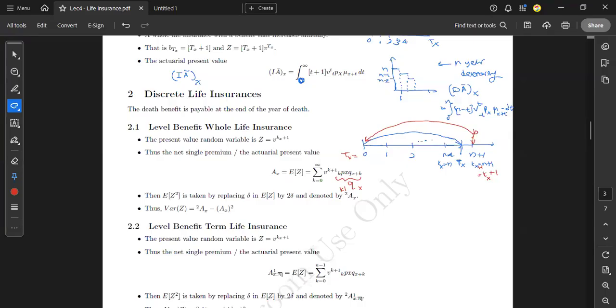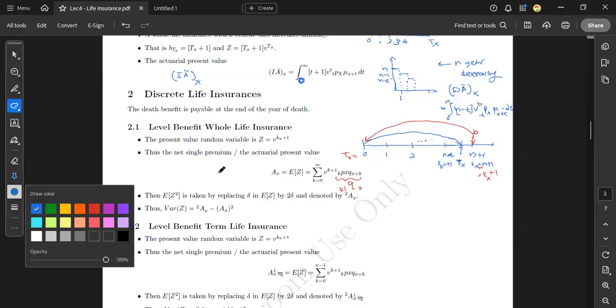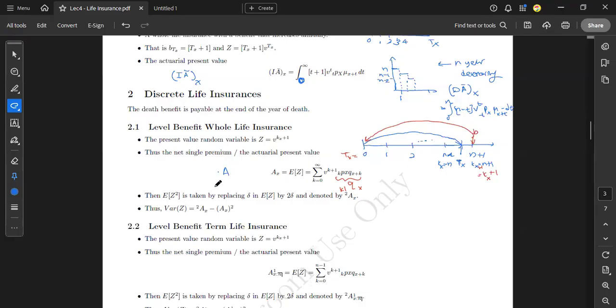So benefit is $1 now. And the notation says actuarial present value of a whole life insurance start at X, but it's not continuous, so we don't have any bars here.